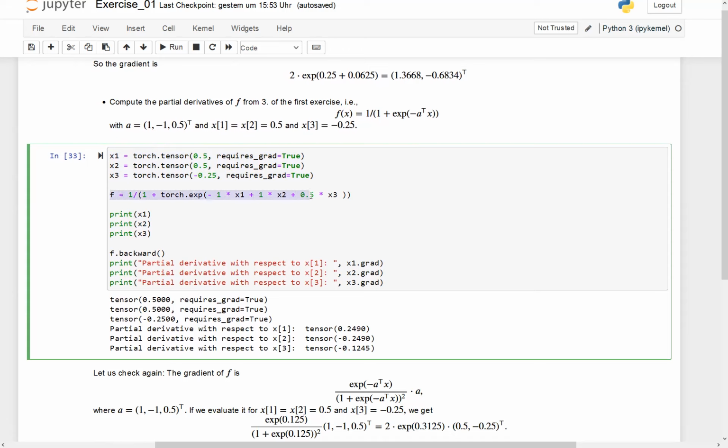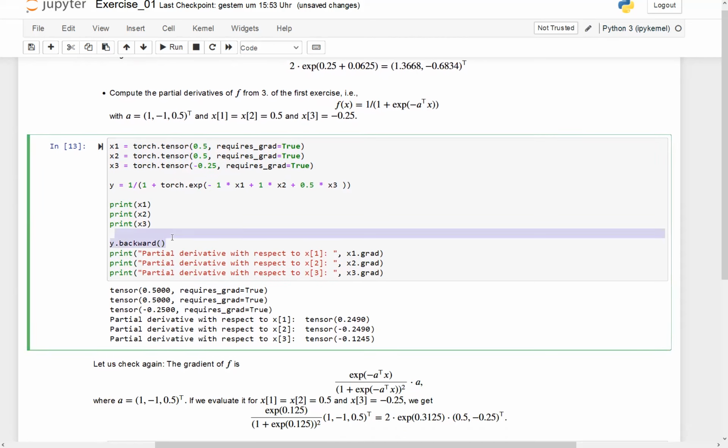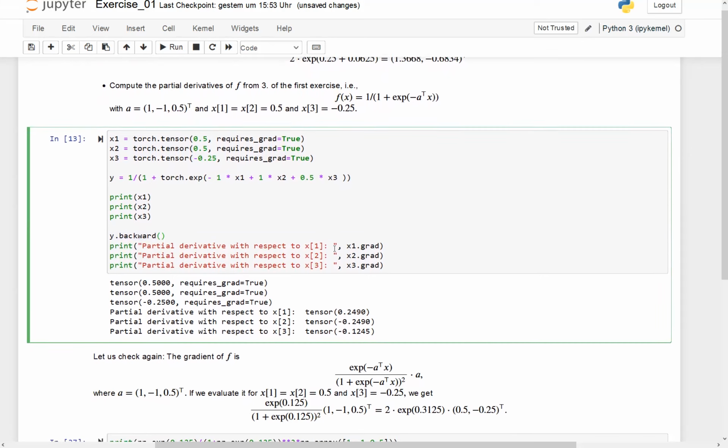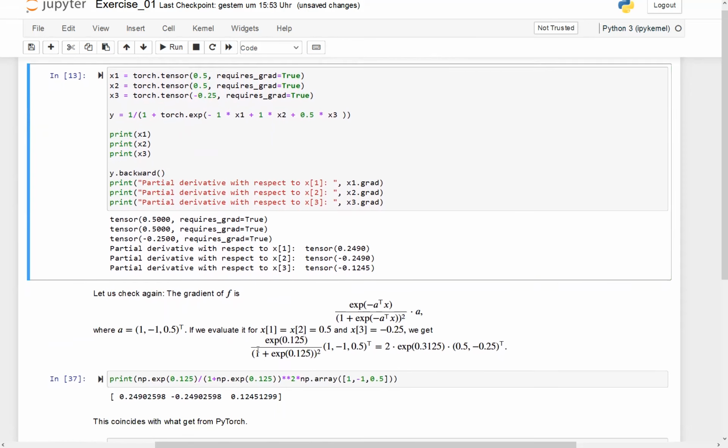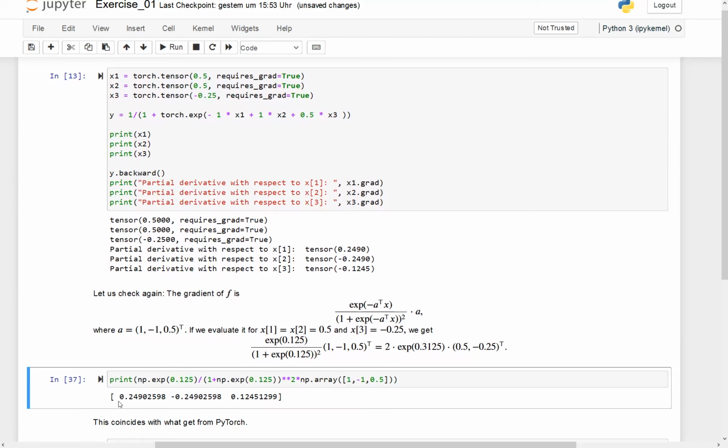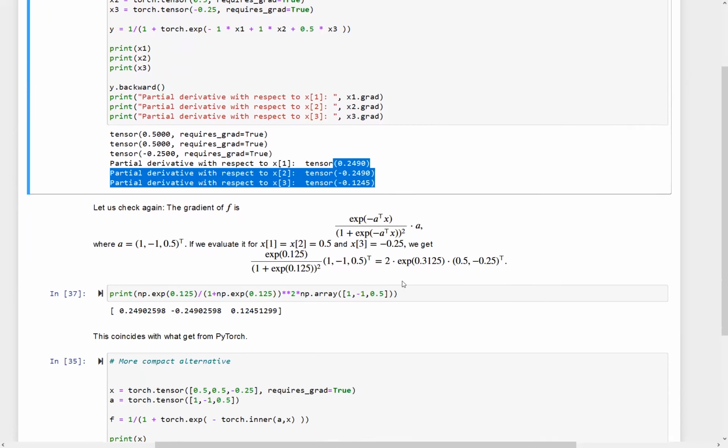Then you specify your function f, which we called y before, to be consistent. Then you look at the gradient one by one, x1, x2, x3, and then you have it here. We can again do the sanity check, but you will see quite quickly it's the same.